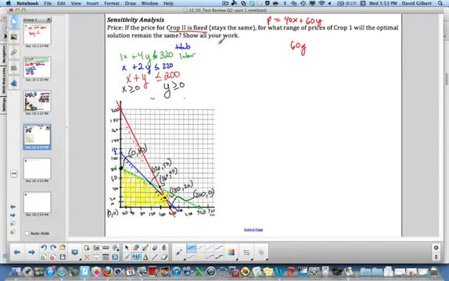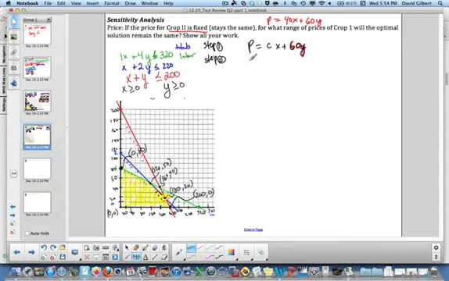So step 1 is we first plug C in, so P equals CX plus 60Y. Alright, so step 2 was to get the slope of this, so we need to get it in y equals form.